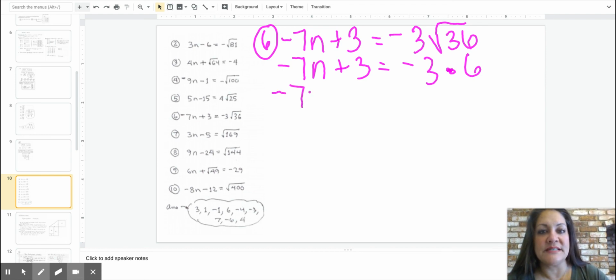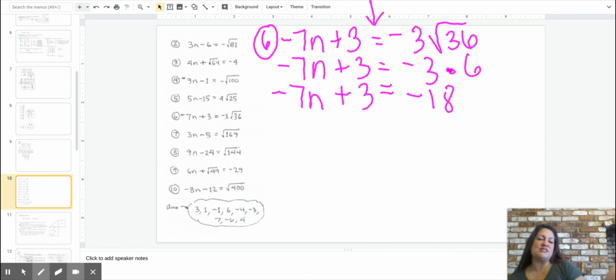Gives me negative 7n plus 3 equals negative 18. I want you guys to notice, even though it's sloppy with this stylus, I always try to line up my equal signs. It just makes it easier for me to keep track of, okay?